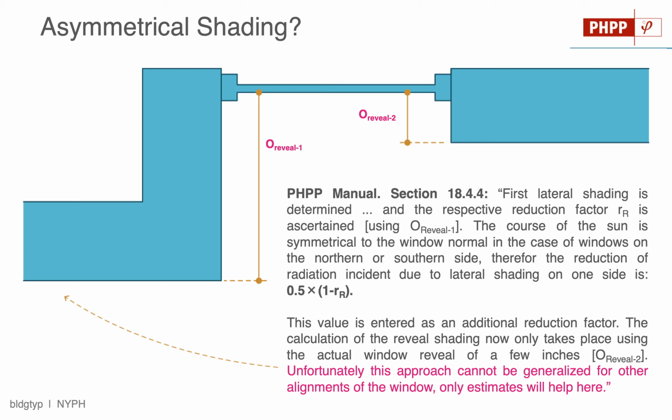In those cases, only estimates will help. So you're on your own there. Not very helpful, but that's essentially what the PHPP manual tells us in these situations. So this method is better than nothing, but it's certainly recognized as not accurate when it comes to east and west conditions.